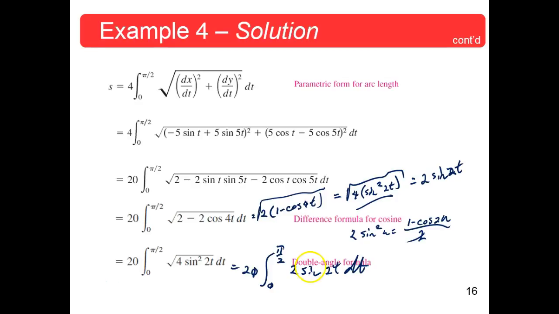The antiderivative of sine of 2t would be minus cosine of 2t over 2, right? If you're integrating that. You had a 2 out in front, that 2 is going to wipe out that 2. So that gives you 20 times the integral of this dt.